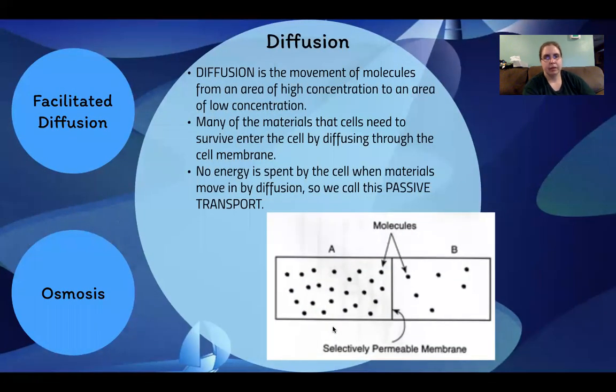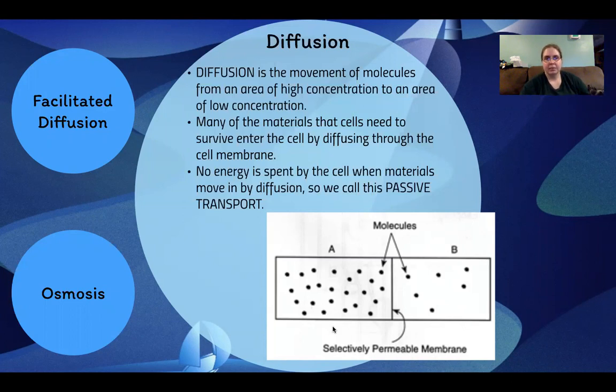Diffusion. So diffusion is the movement of molecules from an area of high concentration to an area of low concentration. Now we call this moving down the concentration gradient, meaning that it's going from high to low, from crowded to less crowded, until, like we said, it meets equilibrium.